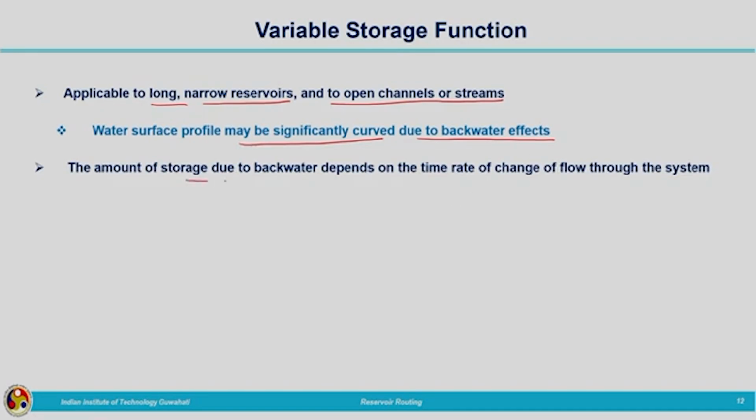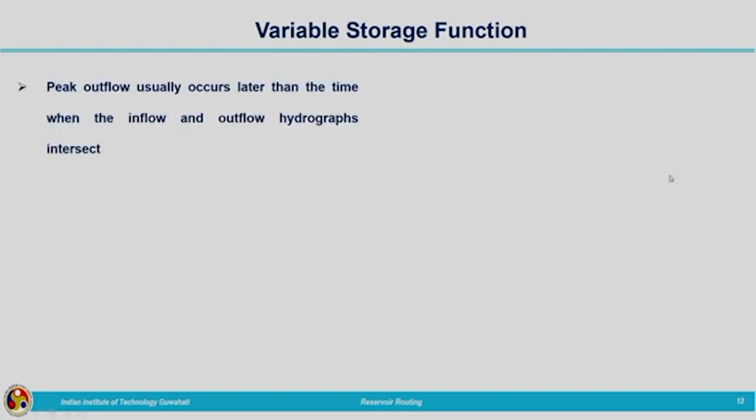The amount of storage due to backwater depends on the time rate of change of flow through the system. So, the storage cannot be approximated as a function of outflow. In this case, the peak flow usually occurs later than the time when the inflow and outflow hydrographs intersect.